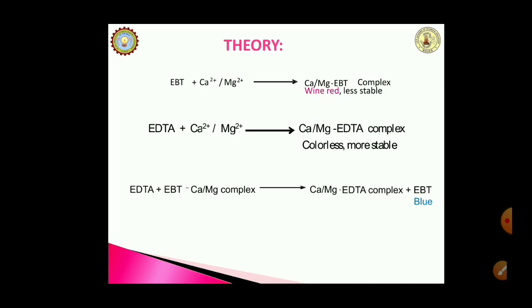At this state, reaction number 3 will take place, and that is the calcium magnesium EBT complex will break, and the calcium magnesium ions freed from there are going to bind with EDTA because it gives better stability to the complex, and free EBT will be released in the solution. Now this EBT is in HD-2 form, and in HD-2 form it is blue in color, so the color will change from wine red to blue at the end point.